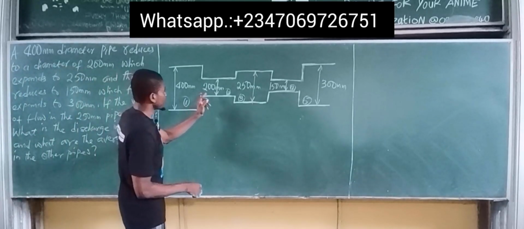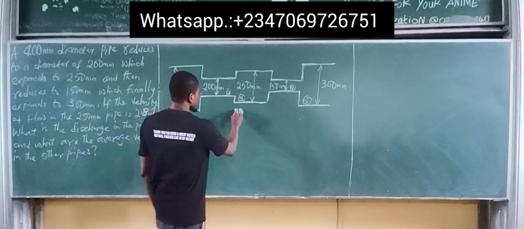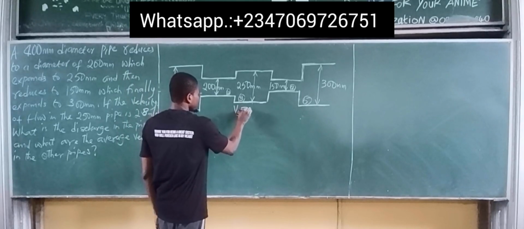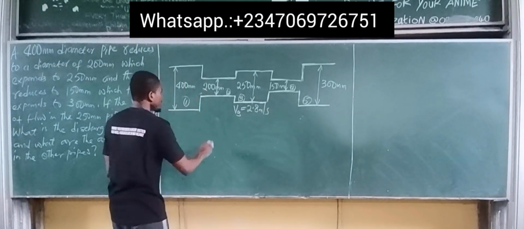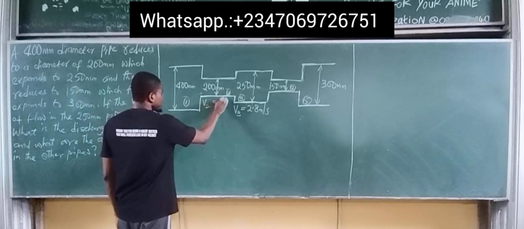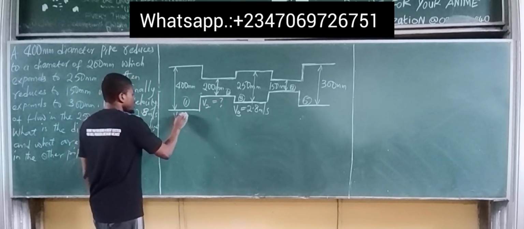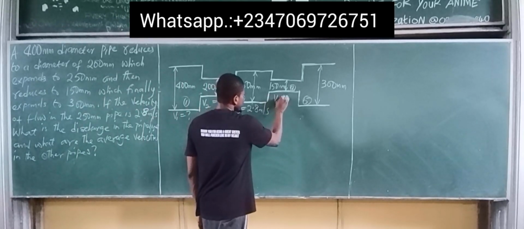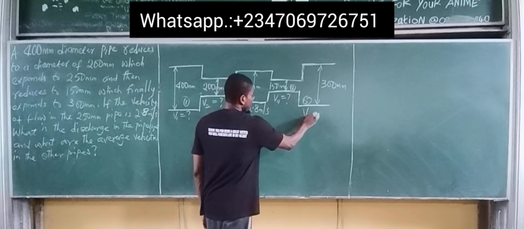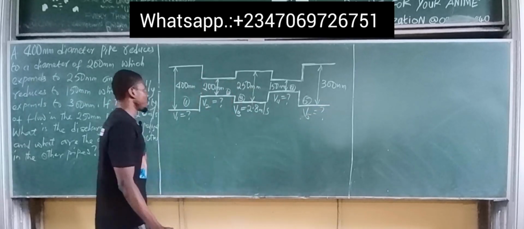So the 250 millimeter pipe is the third pipe. So V3 is already given as 2.8 meters per second. We don't know V2, we have to find this. We don't know V1, we also have to find this. We don't know V4, we have to find this. And V5 is also unknown, we are asked to find it.